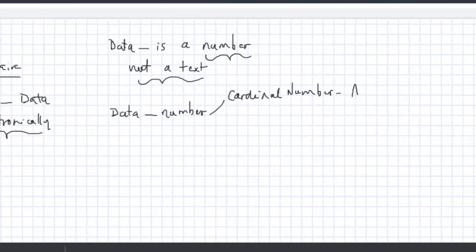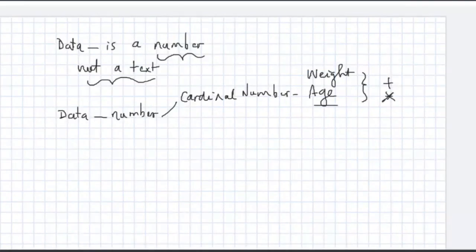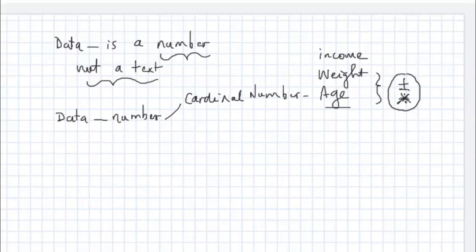Your age is a cardinal number, your weight is a cardinal number, which means I can use these numbers for multiplication, subtraction, division, and addition. These are the four operations that I can perform on the data. So these are for cardinal numbers: your weight, your age, your income, for example.